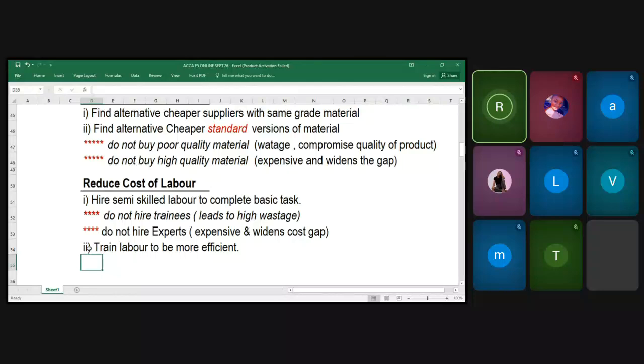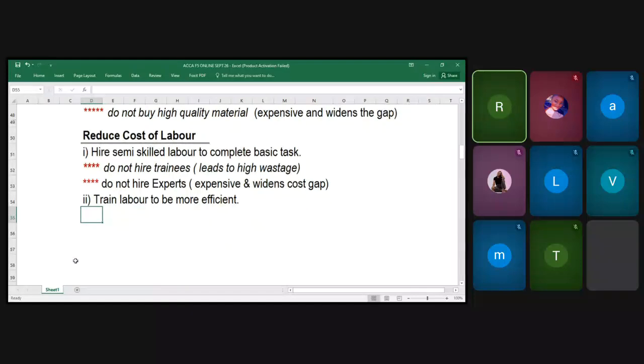Someone who is very efficient is going to do a task very quickly, correctly, and with less wastage. That is very key and critical. This is how we close the cost gap when we look at the cost of labor.